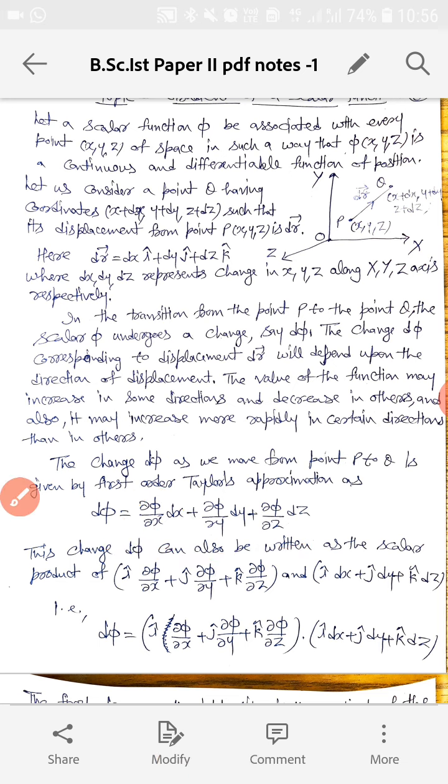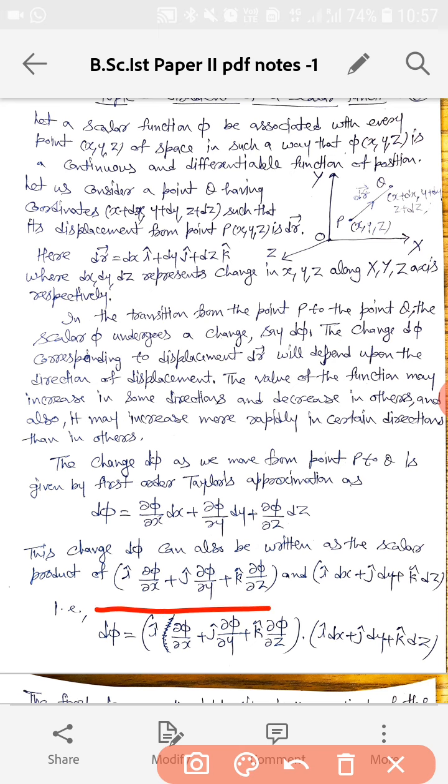Now this equation can be rewritten as a scalar product of two terms. The first one is i cap curly phi over curly x plus j cap curly phi over curly y plus k cap curly phi over curly z, and the other is i cap dx plus j cap dy plus k cap dz.